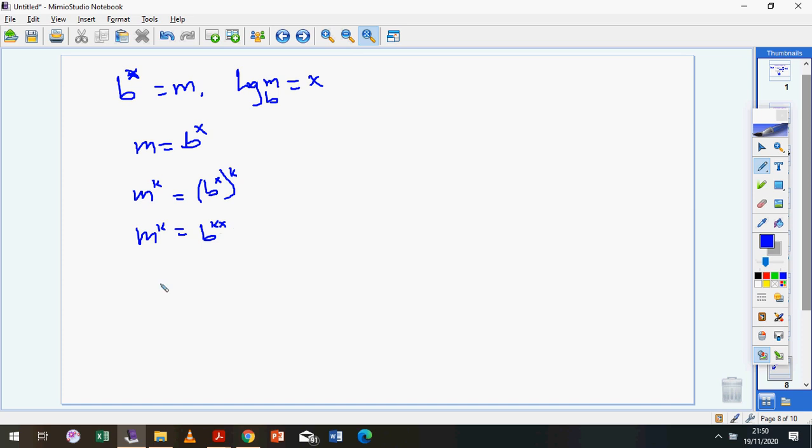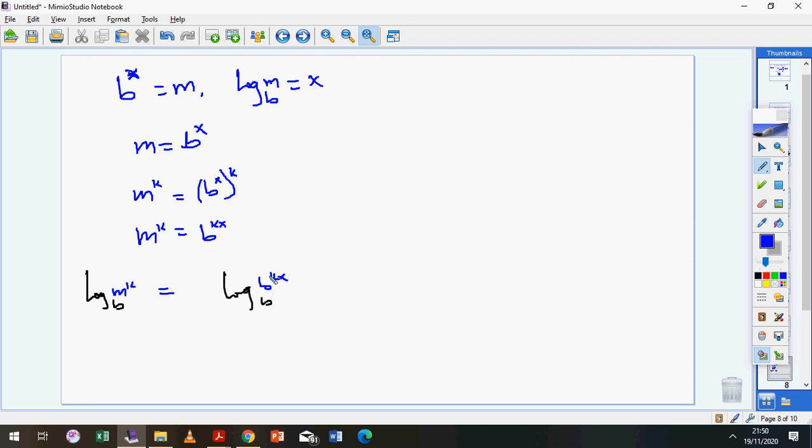Now I'm going to introduce logarithm to the base b on both sides. On this side I have m to the power k, and on this side I have b to the power kx.